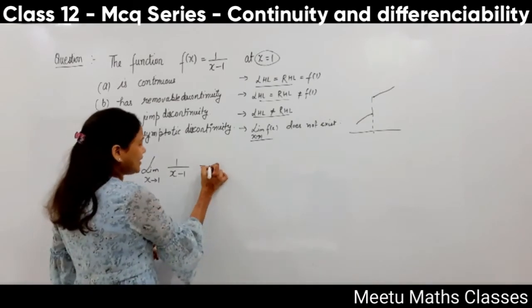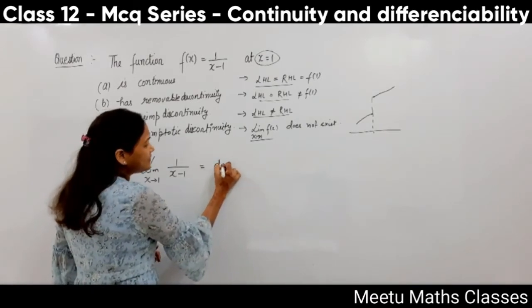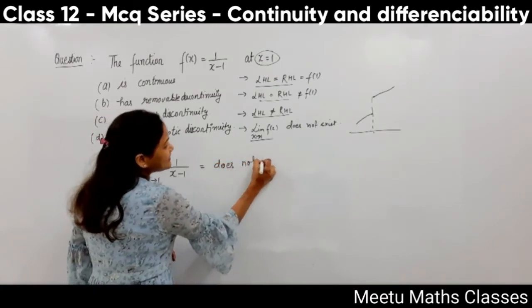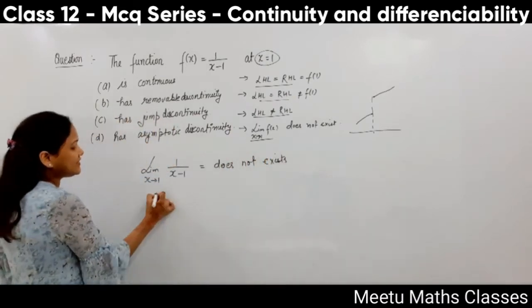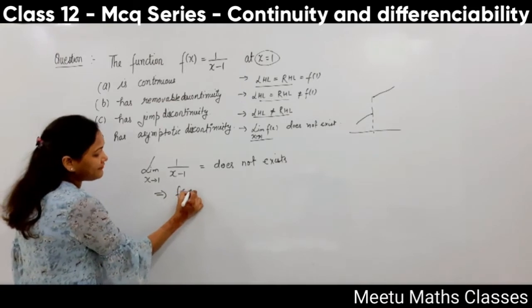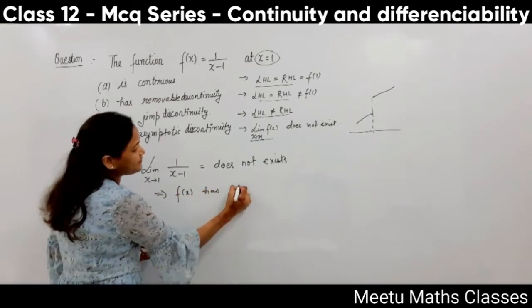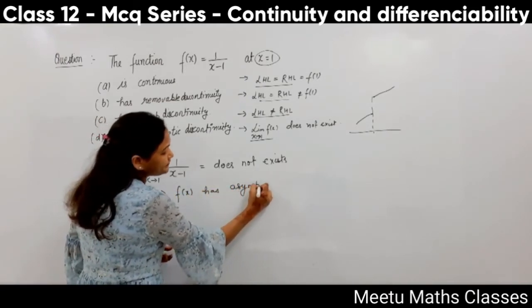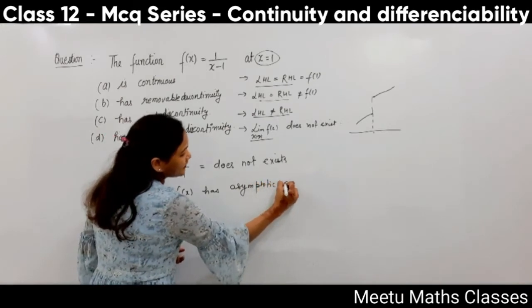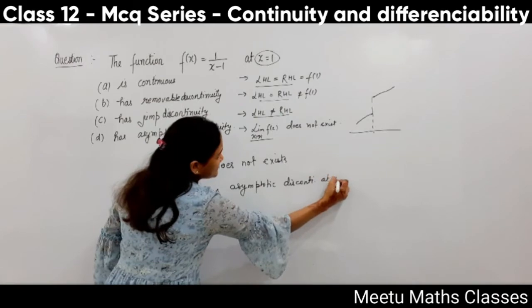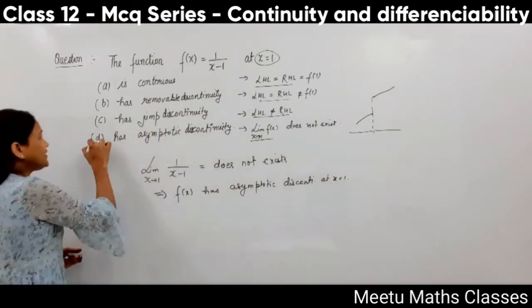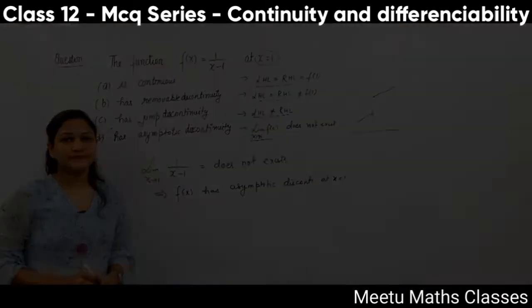So this limit does not exist. और अगर आपकी लिमिटिंग वैल्यू एग्जिस्ट नहीं करती दैट इम्प्लाइज योर फंक्शन f(x) हैज asymptotic discontinuity at x equals 1. So your option D is correct.